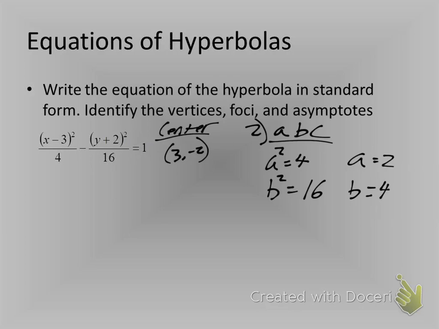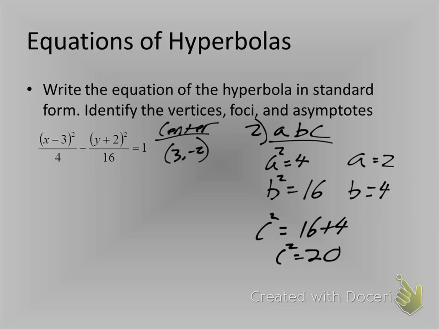Now, you got A squared, you got B squared, you need to figure out C. And this one you need C, because we have the equation, now we're finding all the other extra stuff. So we know C squared equals 16 plus 4, from A squared and B squared, which means that C squared equals 20.